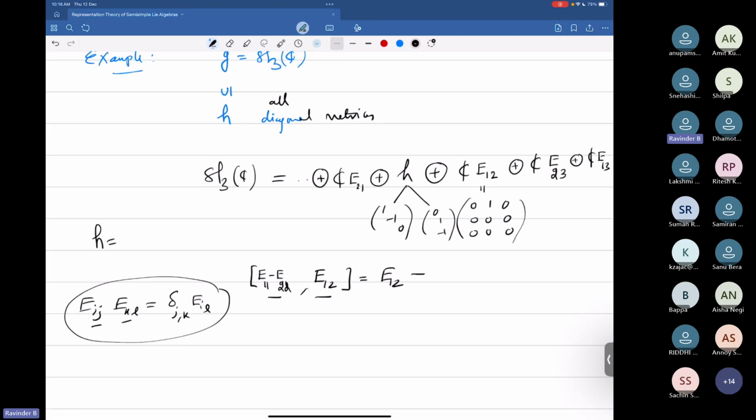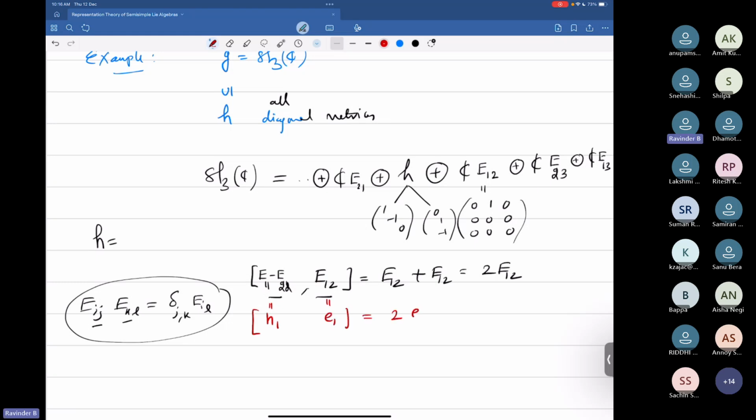The 2 here and this 2 will give you something, but the other doesn't give anything because there is a 1 here. Then there is a negative sign, so plus E12, which is 2E12. So this is like H1, this is like E1, and H E1 is 2 E1. These relations you have seen in SL2, if you remember.